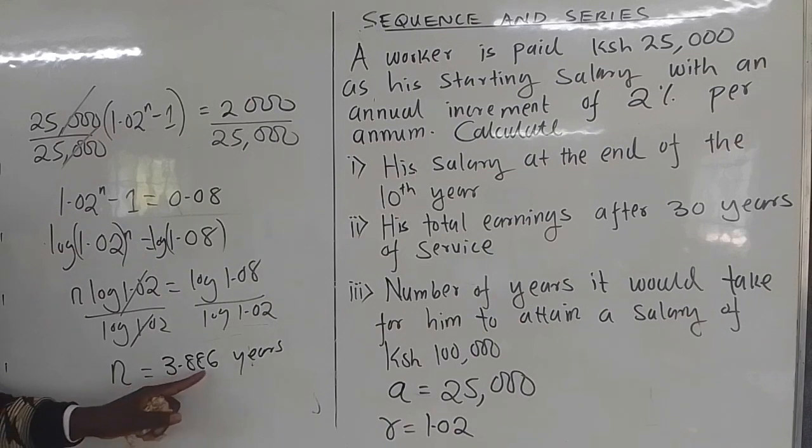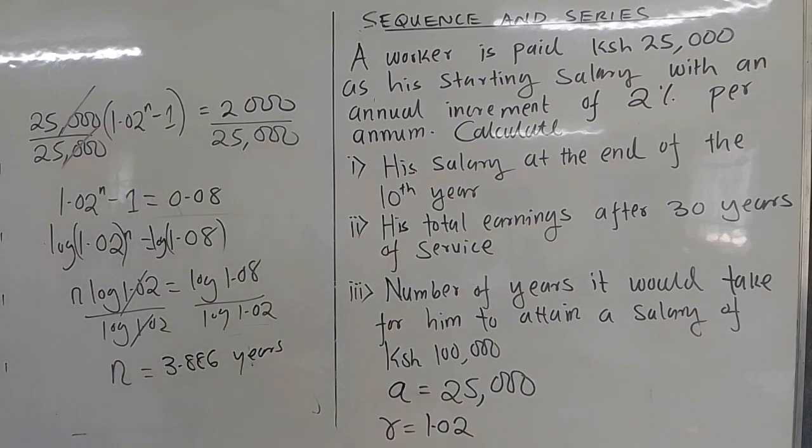So 0.886 times 12, how many months are those? That is something close to 10 months, isn't it? Good. So that is how to handle such kind of problem.